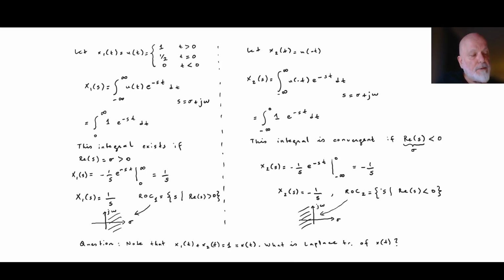And the other signal, x2 of t, has the Laplace transform x2 of S, where the region of convergence is now all those S such that the real part of S is negative. So the intersection of the two convergence regions is the empty set.